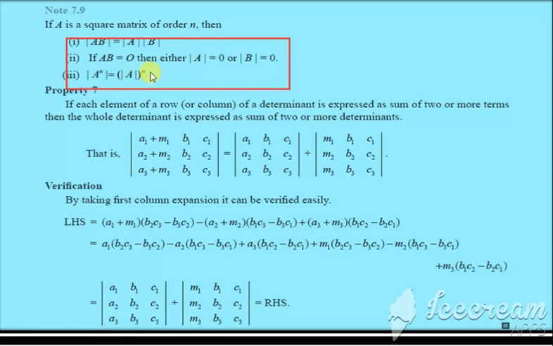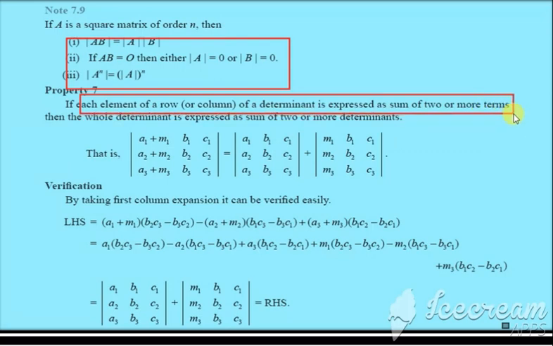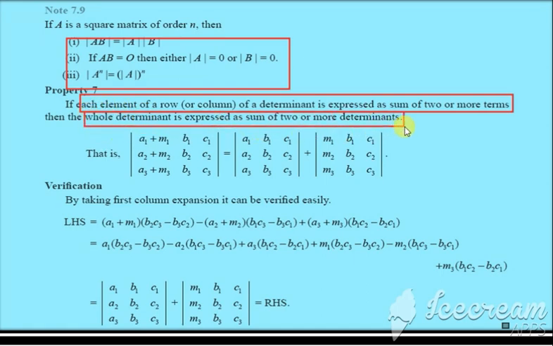Next, property number 7: if each element of a row or column of a determinant is expressed as a sum of 2 or more terms, then the whole determinant is expressed as a sum of 2 or more determinants.